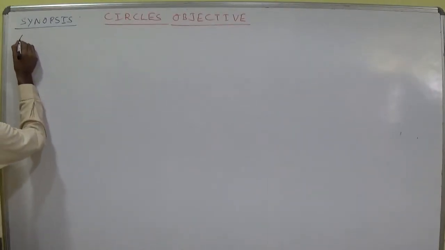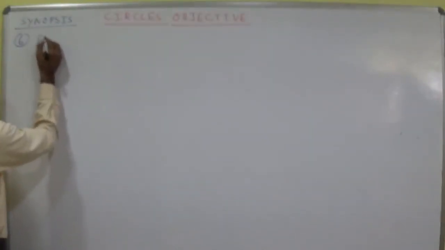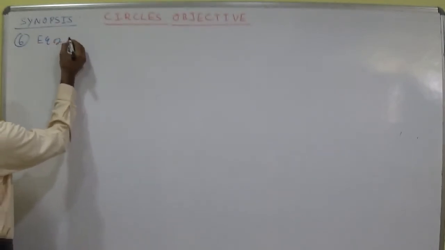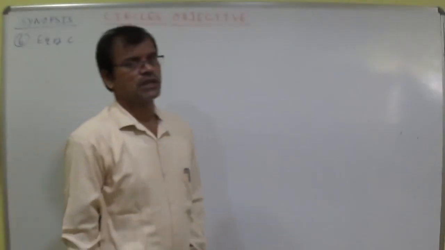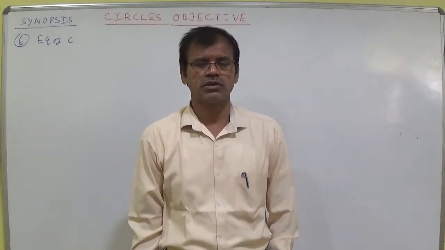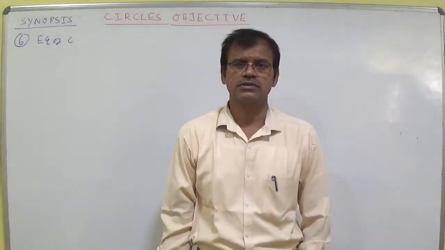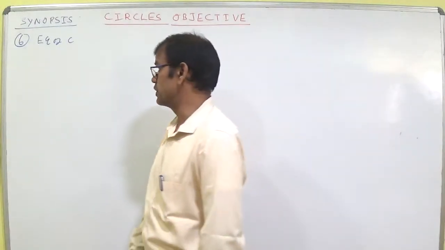This is the sixth one. Let us discuss the equation of the chord. We discussed it: (x plus g) cos of (theta 1 plus theta 2) by 2 plus (y plus f) sin of (theta 1 plus theta 2) by 2 is equal to r cos of (theta 1 minus theta 2) by 2. I already said the proof, no need now.